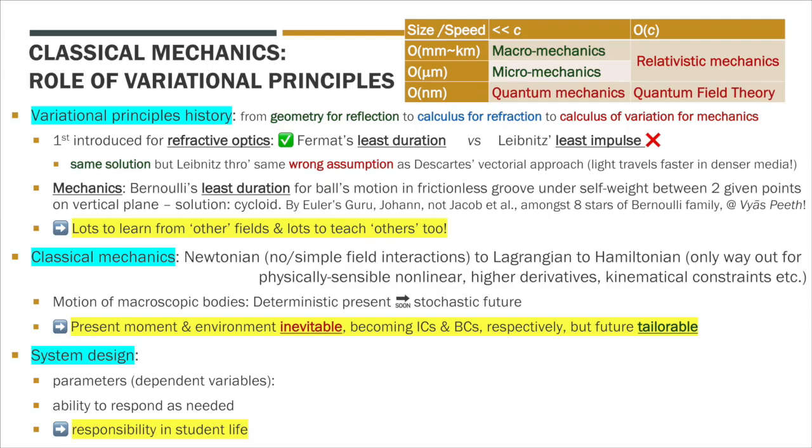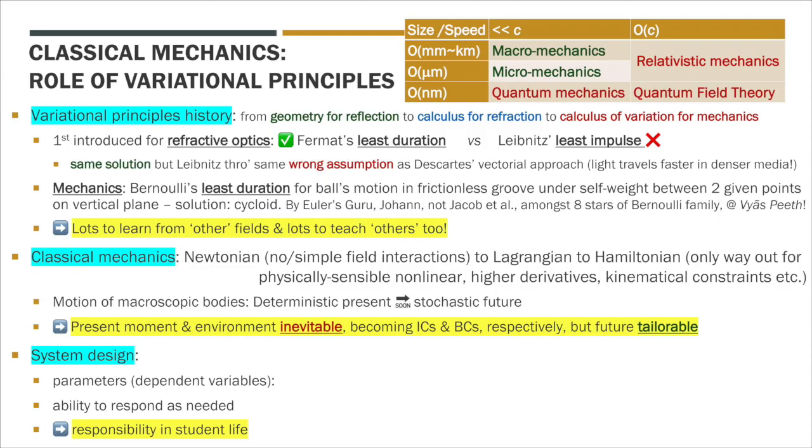Now the motion of macroscopic bodies being understood, the takeaway from this is that the present moment and environment are inevitable. You can't cry about your constraints in a mechanical problem definition. Same way with life. So the present moment and the environment have to be accepted as they are.